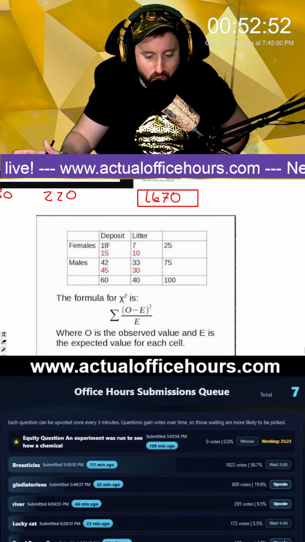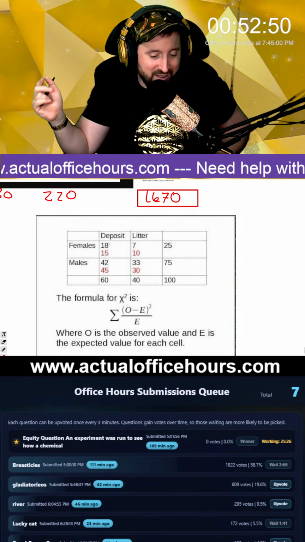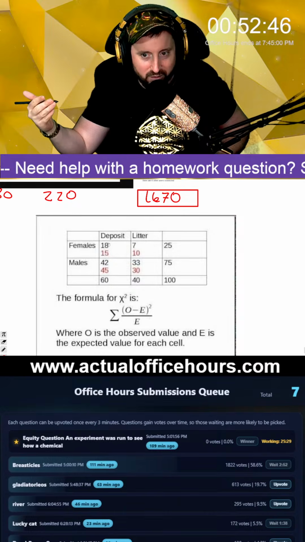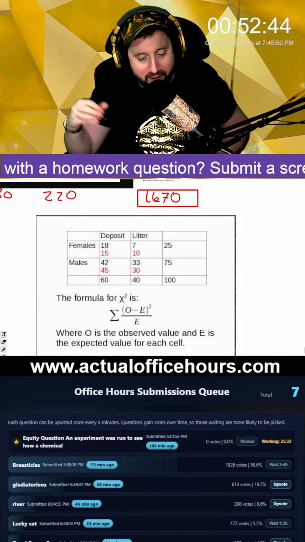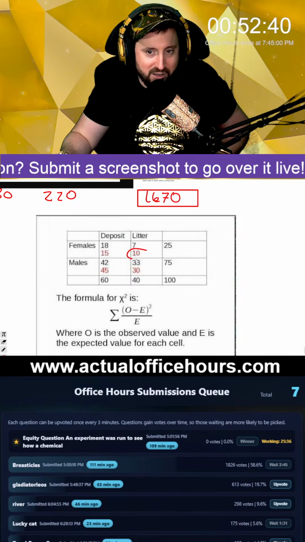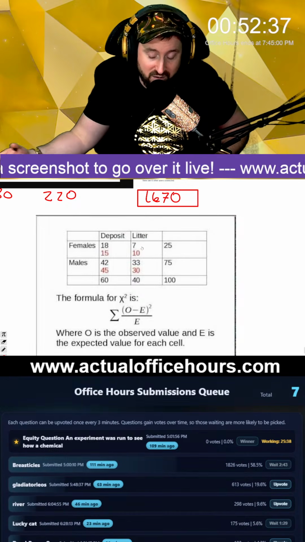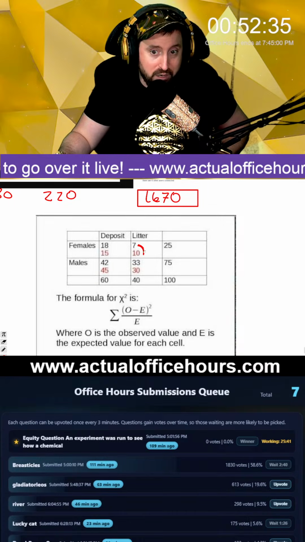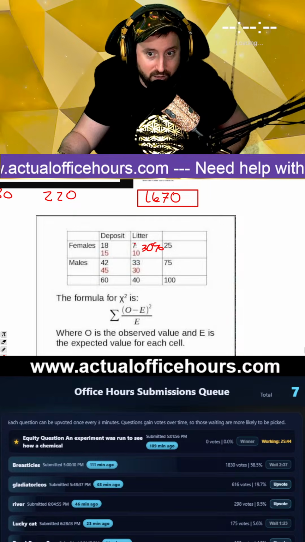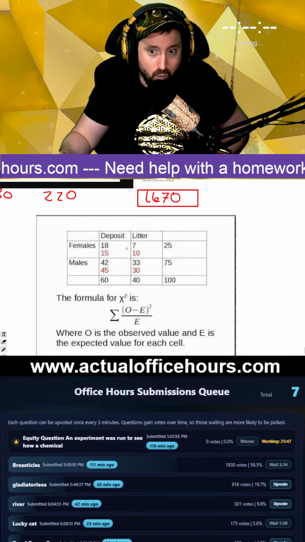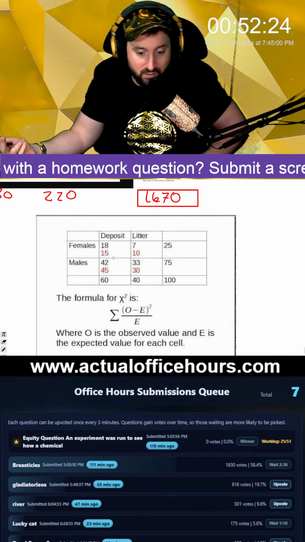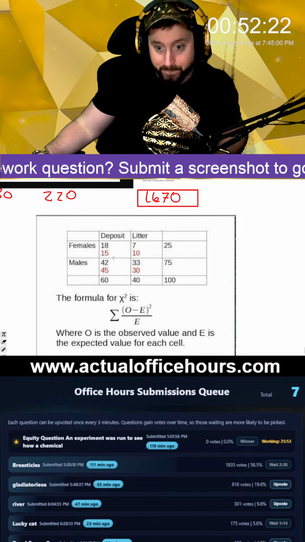And this is where statistics is cool, because you ask yourself, is that difference of 18 to 15 significant, or is that just random error? But then you have to look at all the other things. Out of the girls that littered, I expected 10 and I only saw 7. So again, another difference of 3, but this is a 30% difference because it's 3 out of 10. Whereas this is a difference of 3 out of 15, which is only a 20% difference.